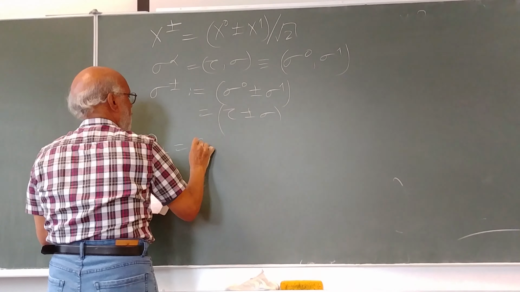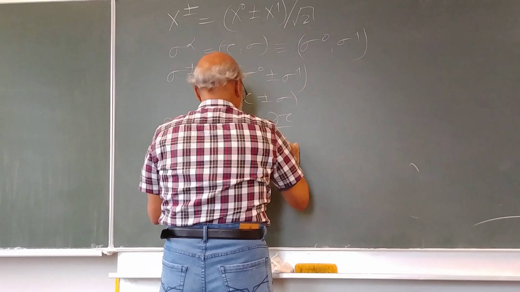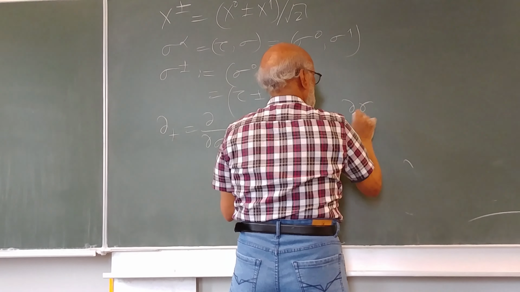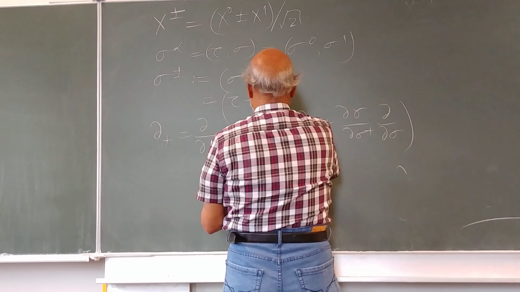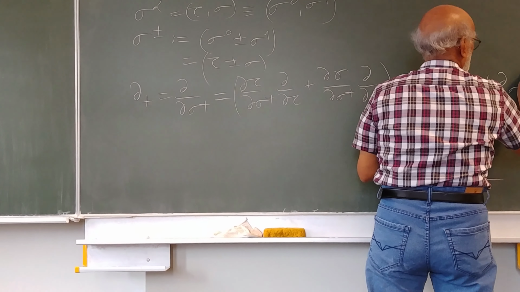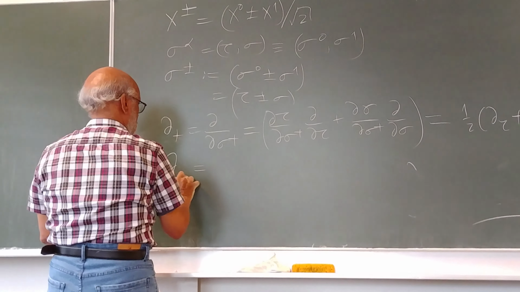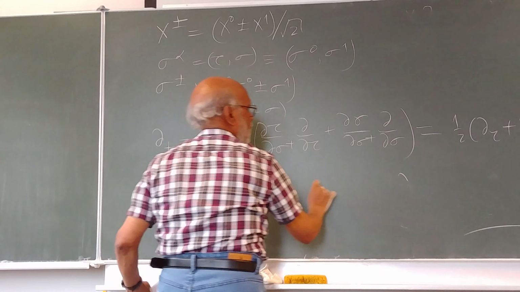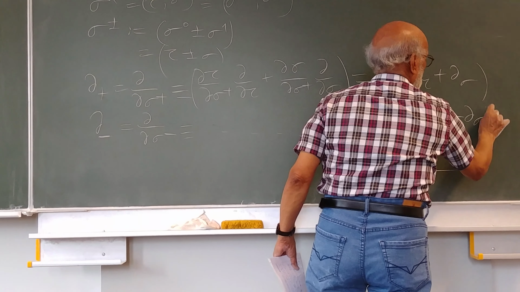And therefore I could write down del plus, which is del over del sigma plus, which is 1/2 del tau plus del sigma, and del minus, which is del over del sigma minus, this would be 1/2 del tau minus del sigma.